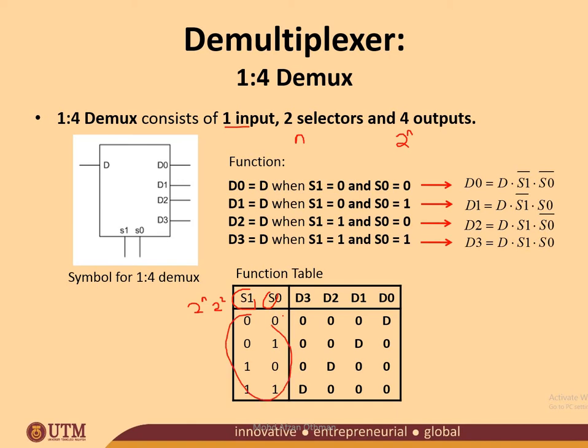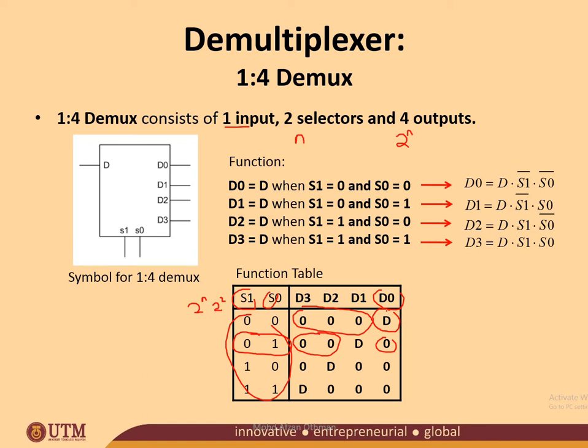So if we have 0 0, all the beginning bits, the most significant bits are 0, while D0 will collect the value from the input D. If you select this combination of selector inputs, then you will have the 3 most significant bits set as 0, and D will follow the value of the input.